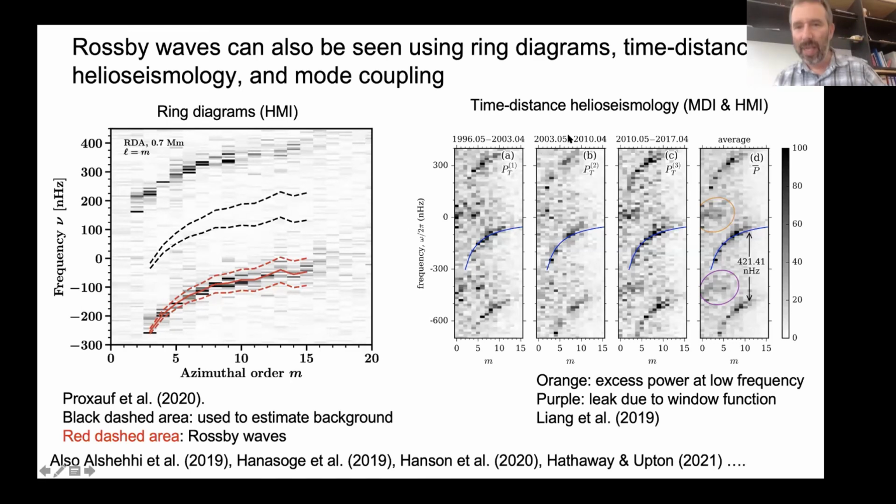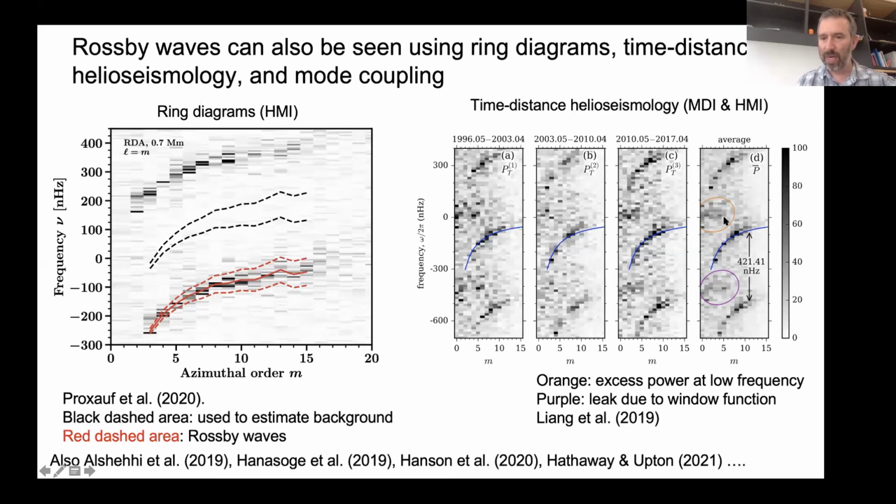On the right, there's an example of measurements made using time-distance helioseismology. In this paper, they looked at observations from MDI and HMI, so they could go all the way back to 1996. And again, you see the main Rossby wave ridge, and then you see copies due to the window function. You see some other interesting things.